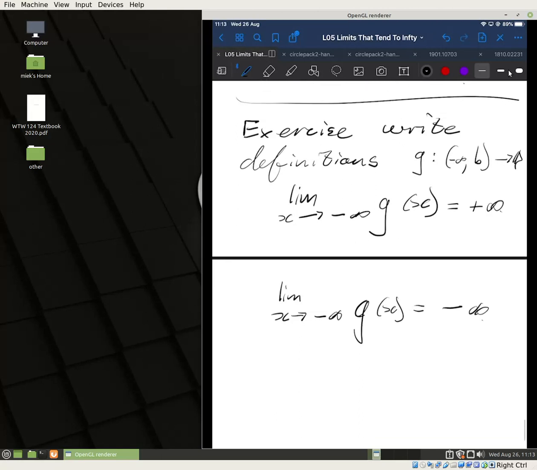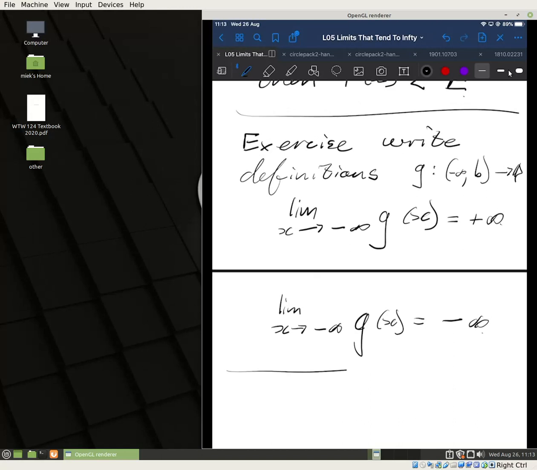You can try to write those out and see if you get them right.